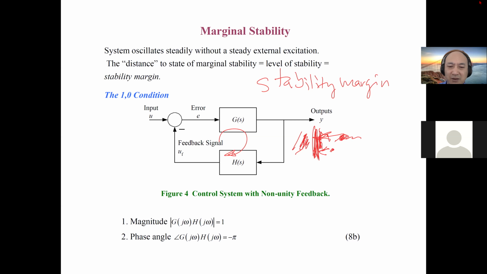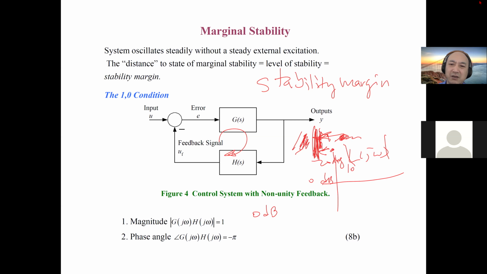You remember, gain of 1 is 0 dB. If I draw a Bode plot, this is 0 dB. This is the magnitude of L, the loop transfer function, and then you take 20 log of it.